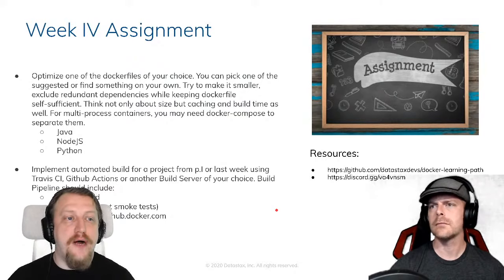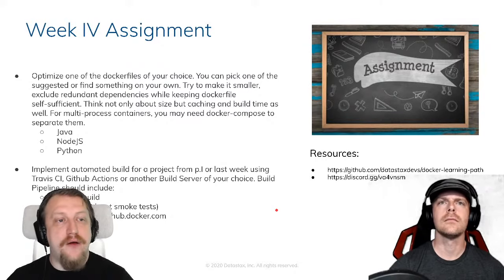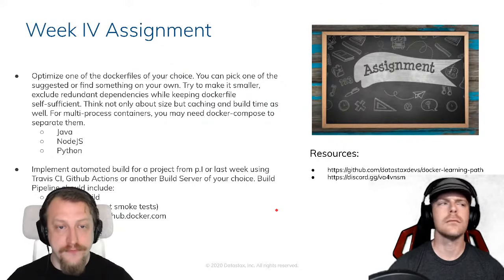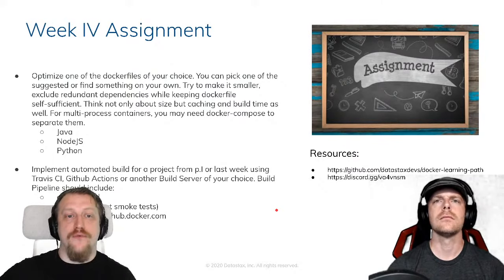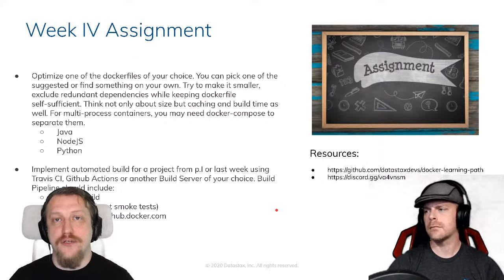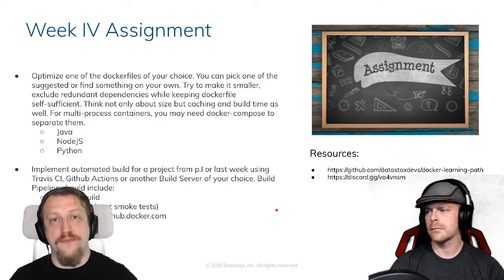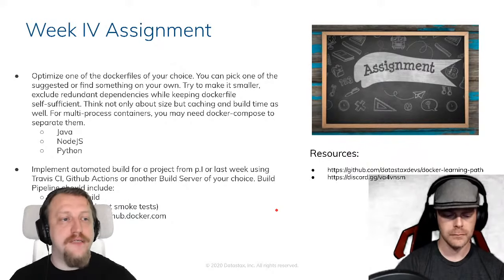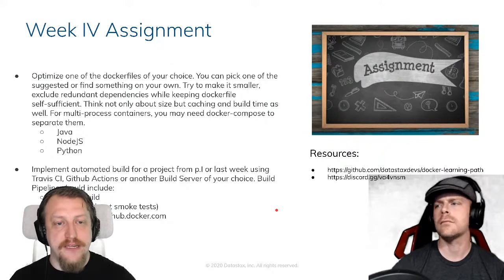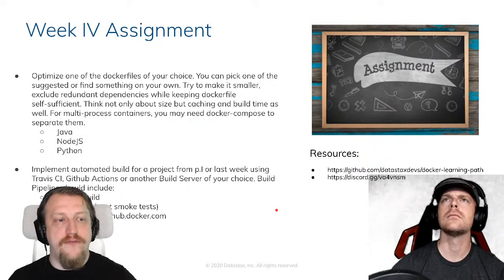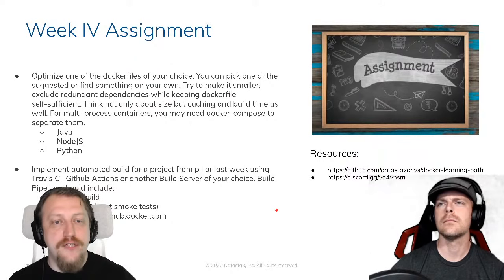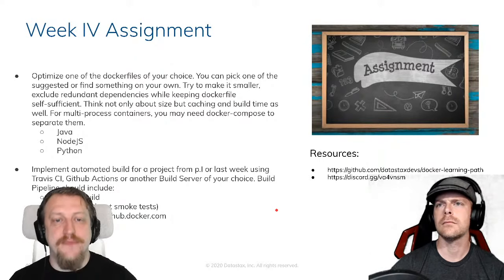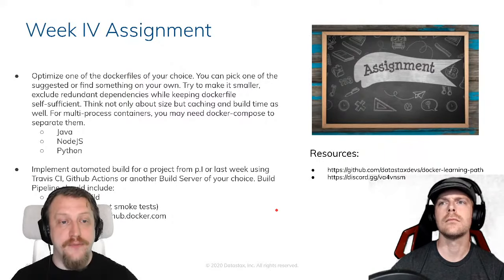You can pick one of the suggested or find something on your own that you would like to rework. Maybe some people are using Docker already and have some old projects they want to rework. Try to make it smaller, try to exclude redundant dependencies, try to keep the Dockerfile self-sufficient. Think not only about the size as it is, but also caching and build time as well.